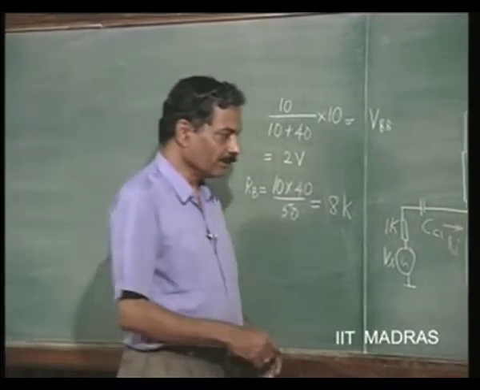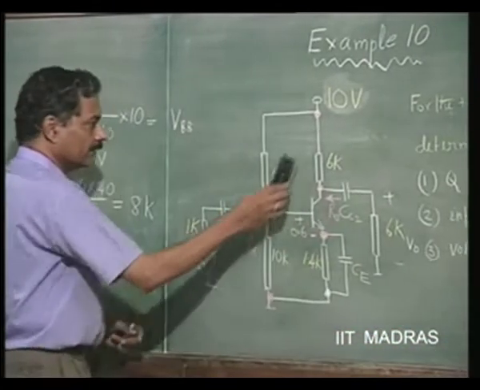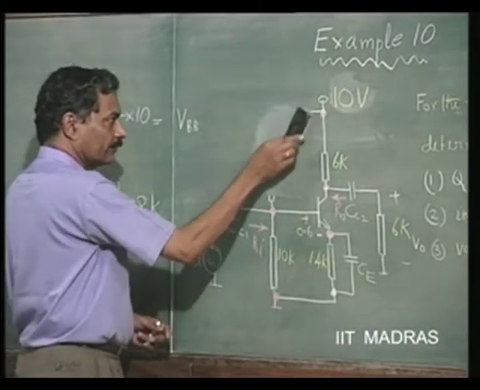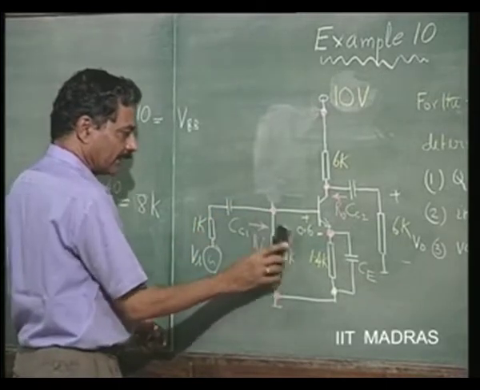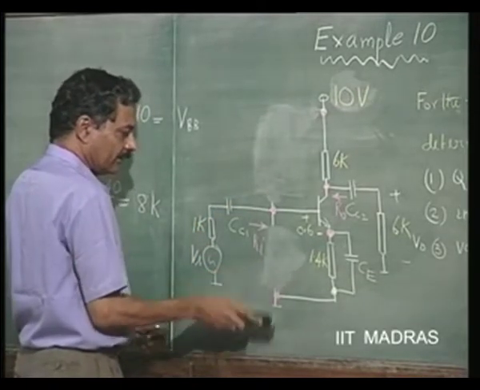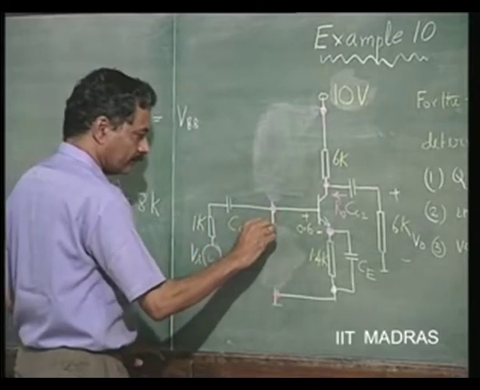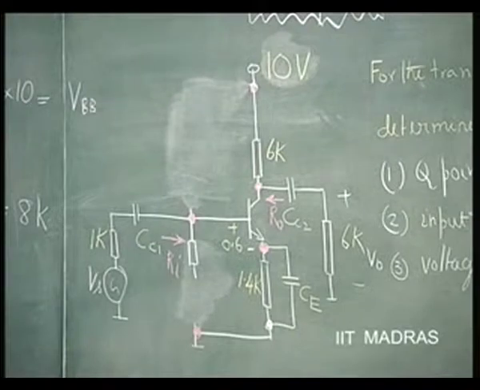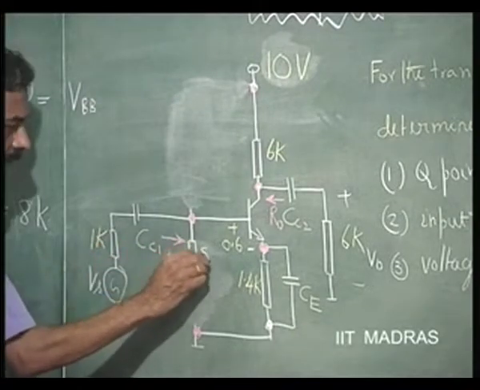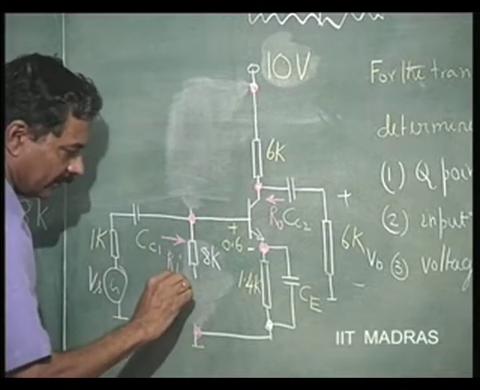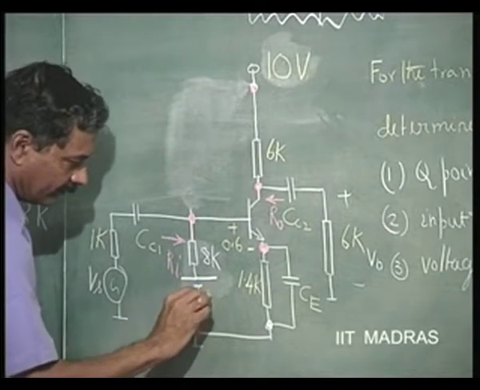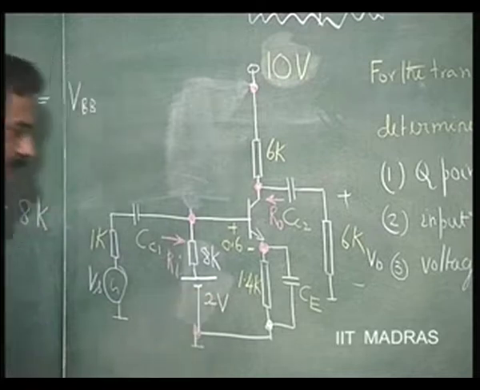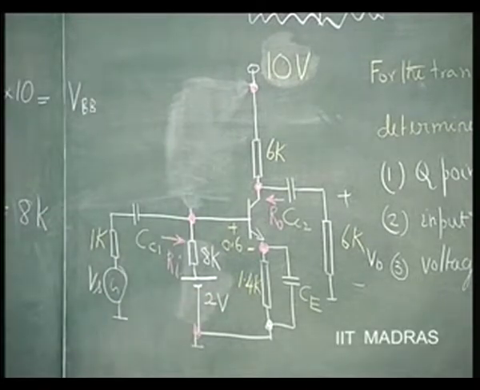That means I can now replace this circuit for DC. It will be exactly equivalent to a resistance of 8K in series with a battery of 2 volts. So, that is how we are able to forward bias the transistor, by means of these 2 volts.